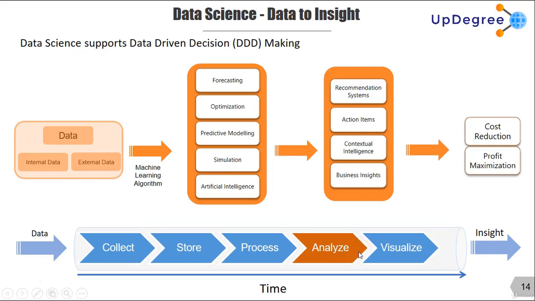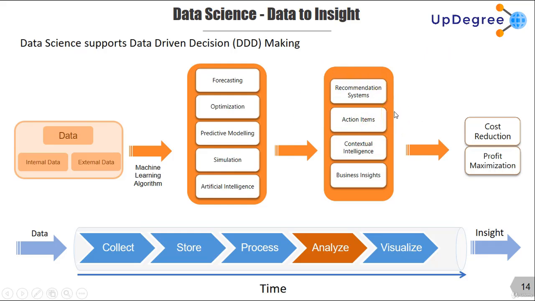Now, irrespective of whatever the use case is, these are the two things we do. We use a machine learning algorithm, and sometimes forecasting, predictive modeling, optimization, simulation, or artificial intelligence. Ultimately, we come up with a system.